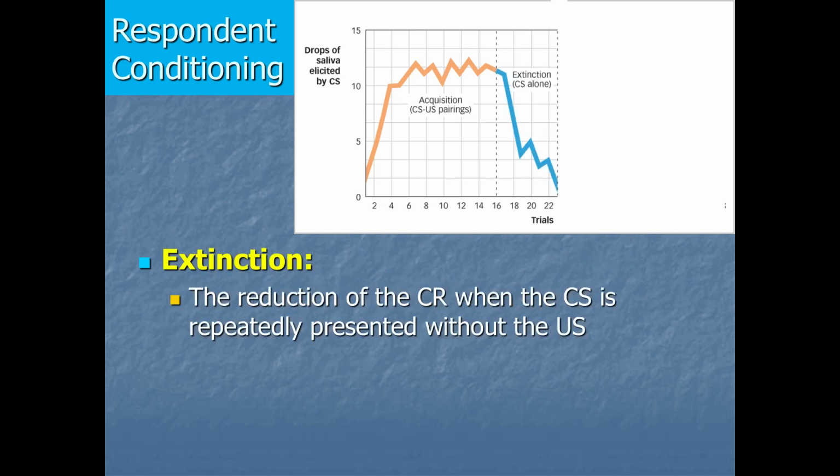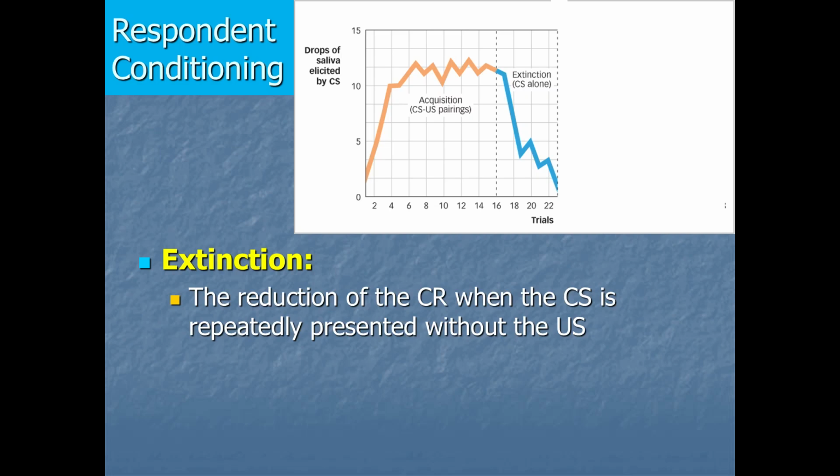And this is a phenomenon we call extinction. We'd say the learned response is getting extinguished. It's going away. So extinction is the reduction of the conditioned response when the conditioned stimulus is presented alone over and over again without the US.